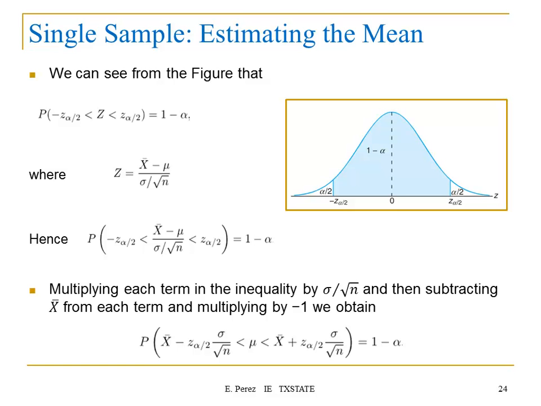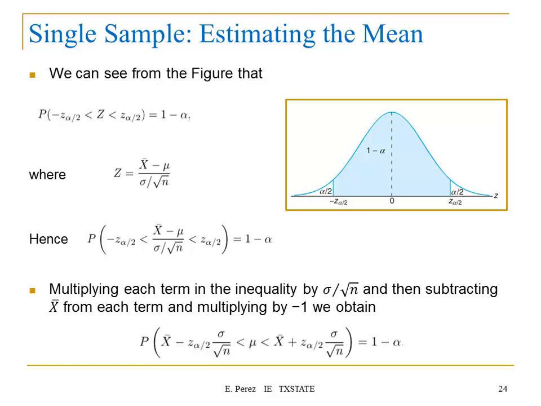So if you look at this figure right here, you know that the probability will go from 0 to 1, because it's going to cover all the area under the curve. So if you look at alpha of 0.05, for instance, that area is going to be a negative value for z because it's to the left of 0. Okay?